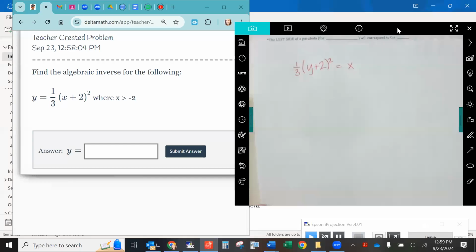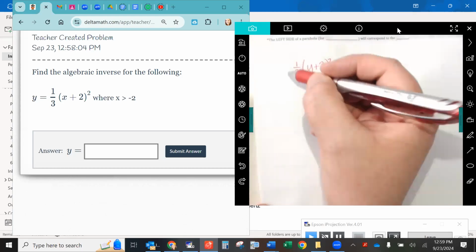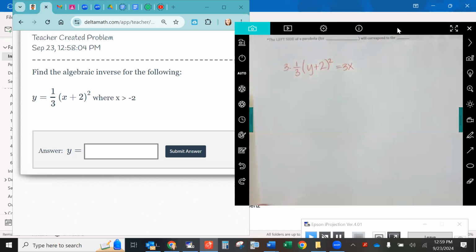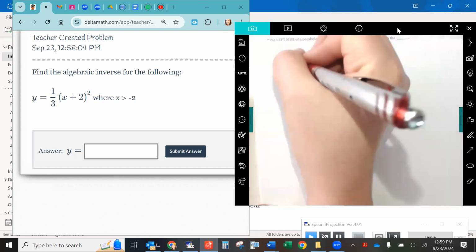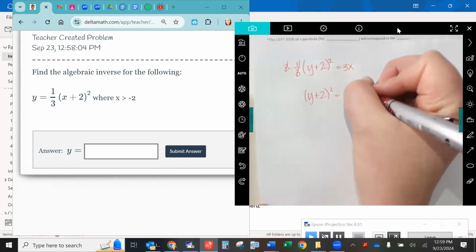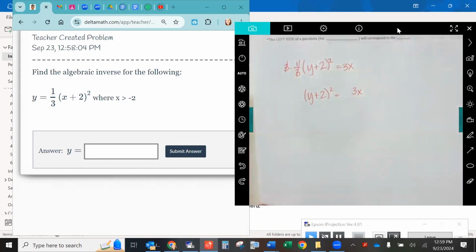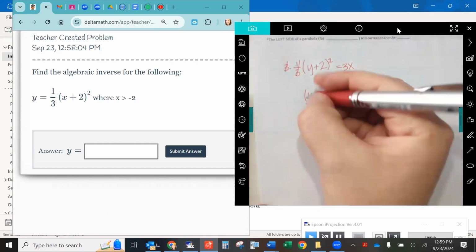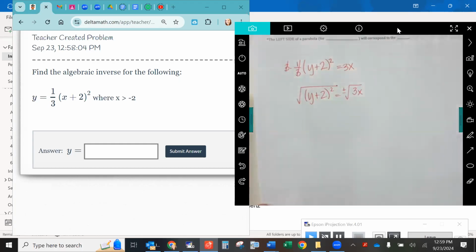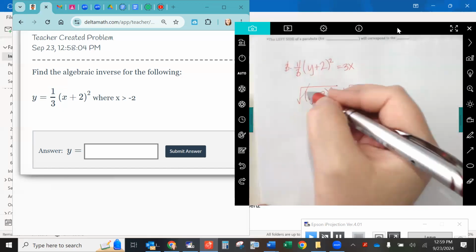Okay, what's the first thing that I would have to get rid of? If it's a 1/3, that's a divide by 3. The opposite of that is to times by 3, right? So I have this so far. The 3 and the 3 cross out. I have y plus 2 squared equals 3x. From there, how do I get rid of a squared? I take the square root. And when I square root, it's a plus or minus. Okay, just write both for now. These are gonna cross out.